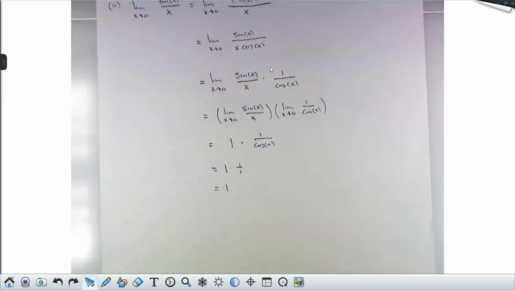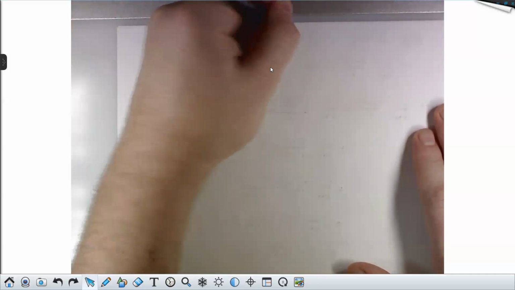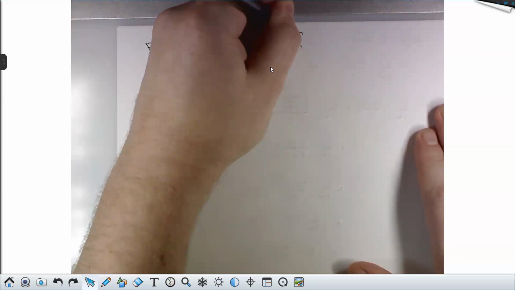All right, let's try something slightly more complicated. And I'll switch up the notation a little bit here. Find f prime of x, where f of x is the square root of 1 over x plus 1.